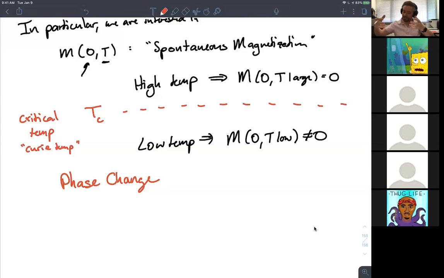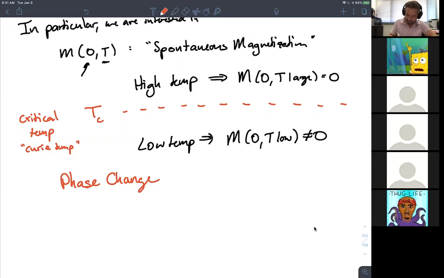It's exactly the same thing going on here: above this critical temperature, the spins are all randomly oriented from thermal fluctuations. As the temperature goes down, those thermal fluctuations get less and less, and then at some critical temperature, bam, they freeze and you get some spontaneous magnetization. Does that make sense?